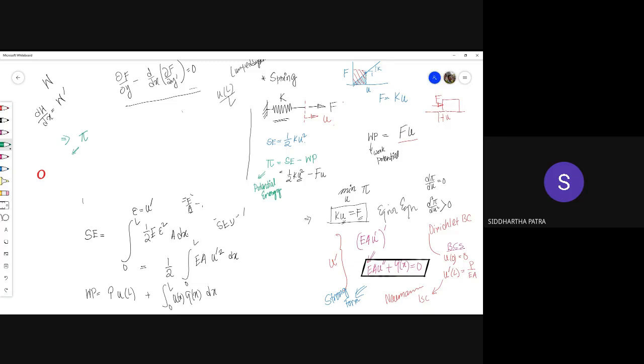I'm just trying to do a one-to-one analogy with the spring example. So it is strain energy minus work potential.